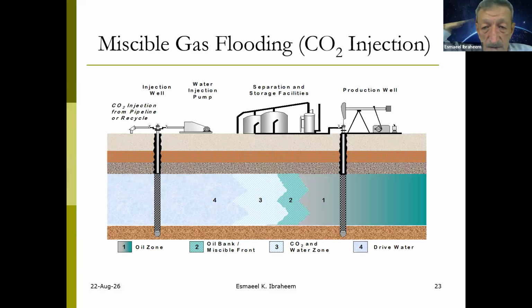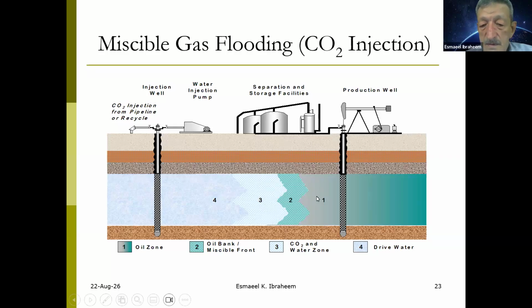The miscible gas flooding, CO2 injection. We have the same sketch or scheme, but only you need CO2 injection from a pipeline or recycle to mix with the water or before the water, then followed by water.